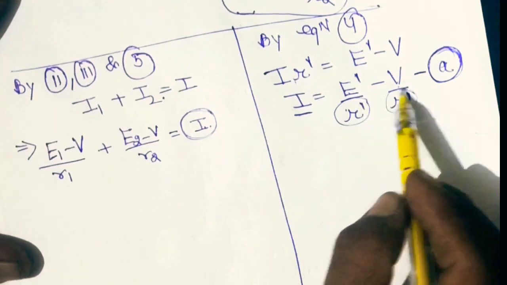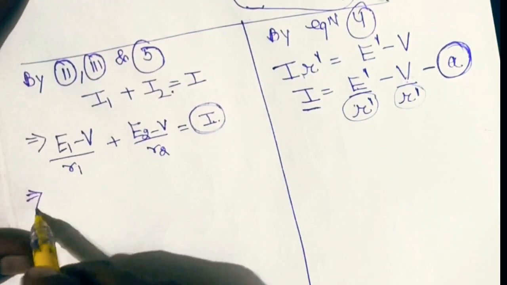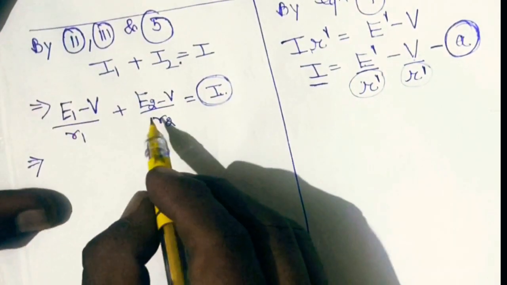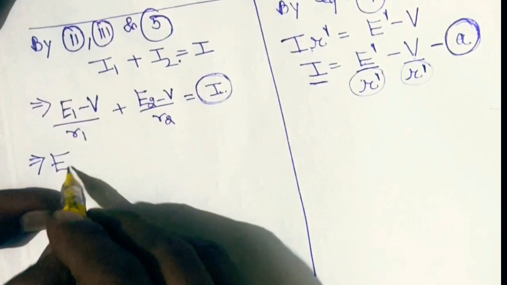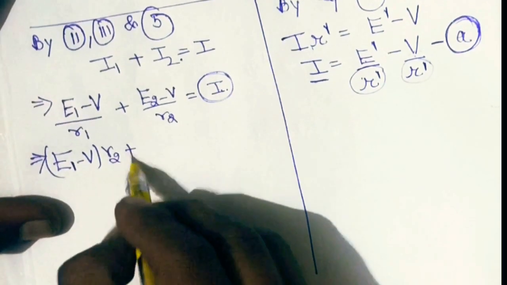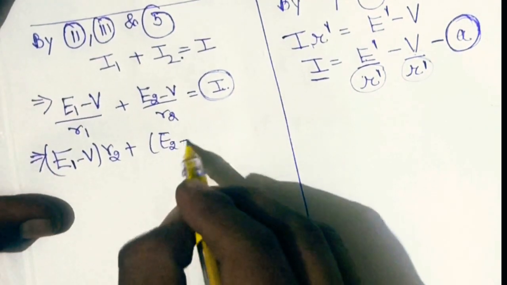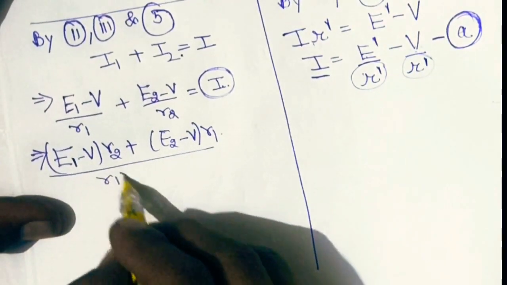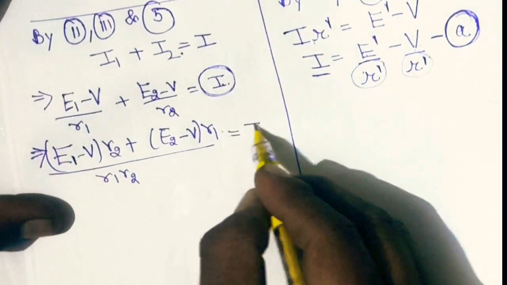I can take LCM, but first let's simplify this equation. Take LCM: E1 minus V into R2 plus E2 minus V into R1 upon R1 R2 equals I.